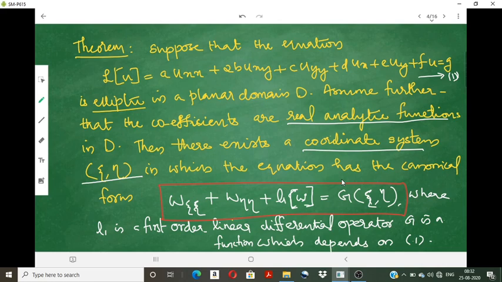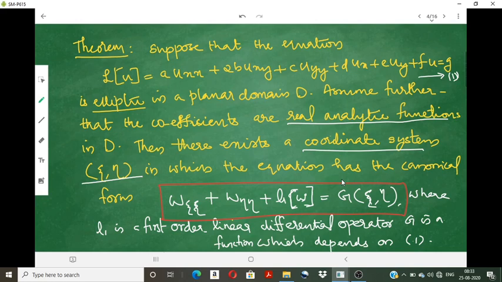So the second order term W_zetaeta is absent in this transformed equation. We need to prove that there exists such a coordinate system zeta and eta, in which the given equation 1 has the simpler form W_zetazeta plus W_etaeta plus L1 of W equal to G of zeta, eta. So let's move to the proof.